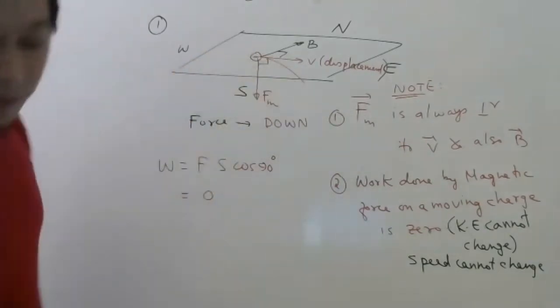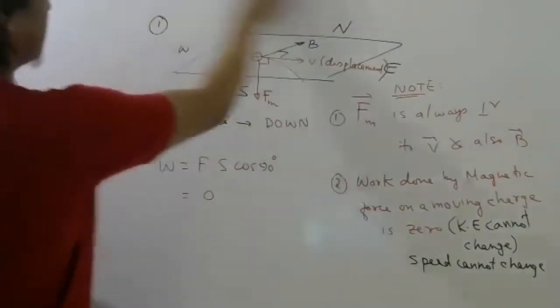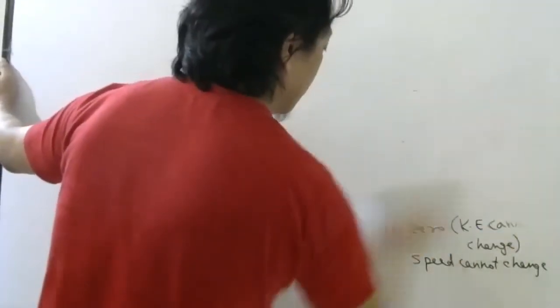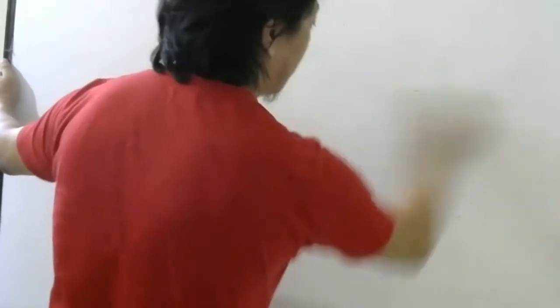Okay, so that we will study later. So please remember, magnetic force cannot do work on a moving charge. That doesn't mean it cannot change the direction of velocity. It can change the direction of velocity.